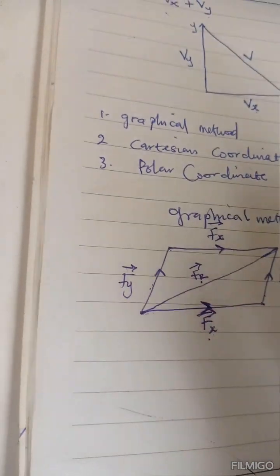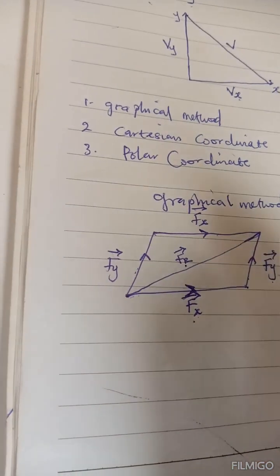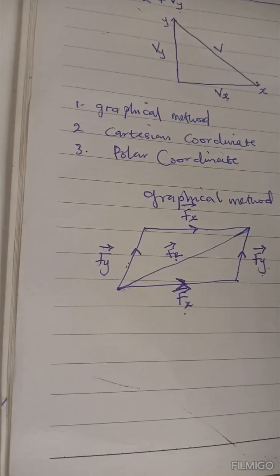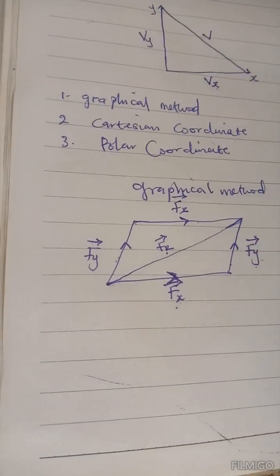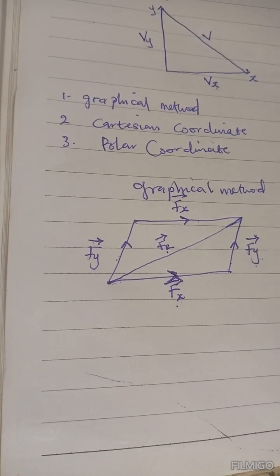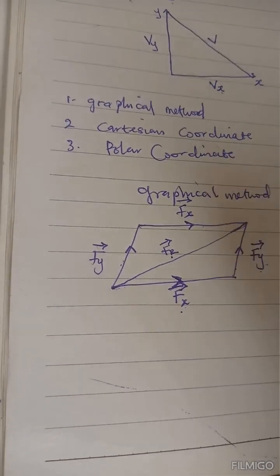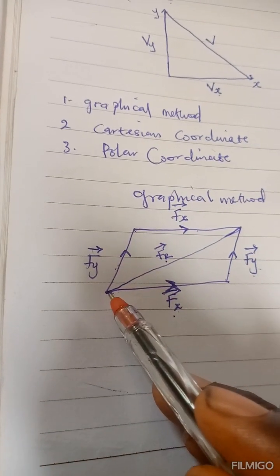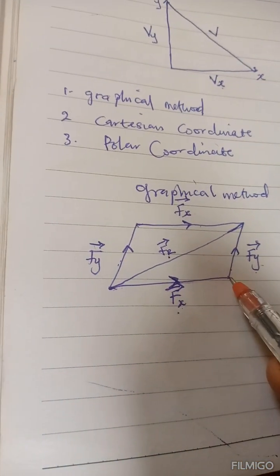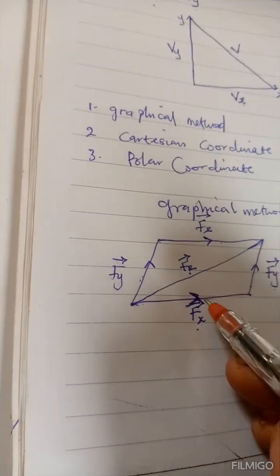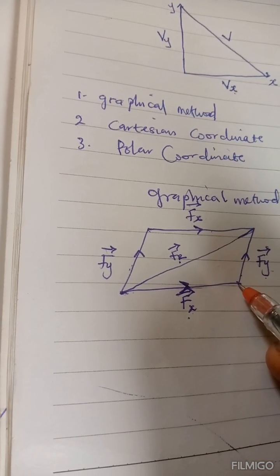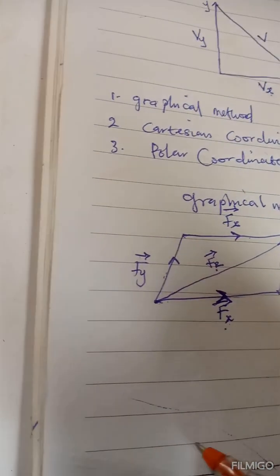Now I can resolve these forces, or better, draw this diagram in a simpler form by using what is called the head-tail method, or tip-to-tail method. Now I see that the horizontal axis is moving towards this direction, so I can move this arrow to the tip.